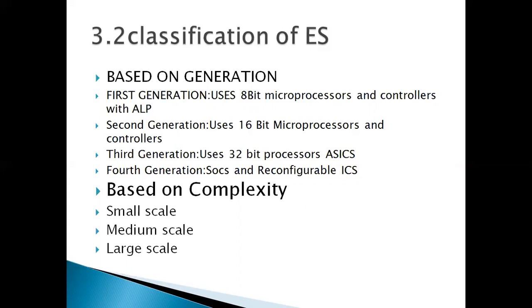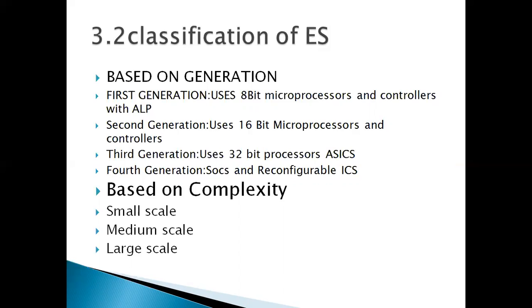Usually calculators are called first generation embedded systems. Second generation embedded systems used 16-bit microprocessors and microcontrollers, and third generation used 32-bit processors and application specific integrated circuits. Fourth generation used system on chip and reconfigurable integrated circuits.